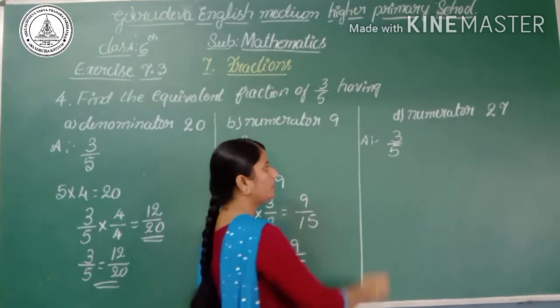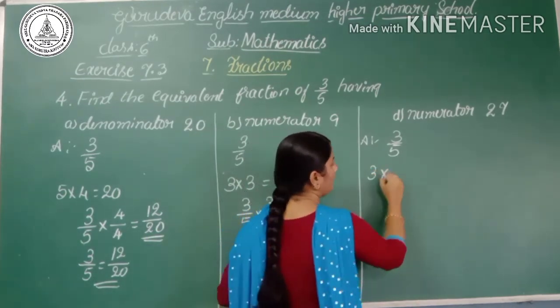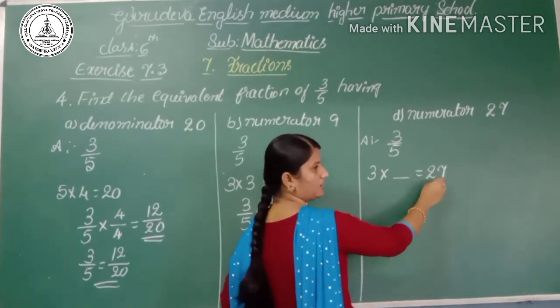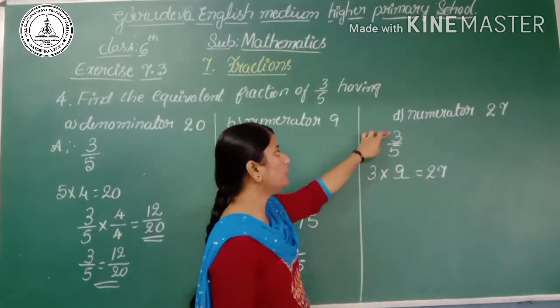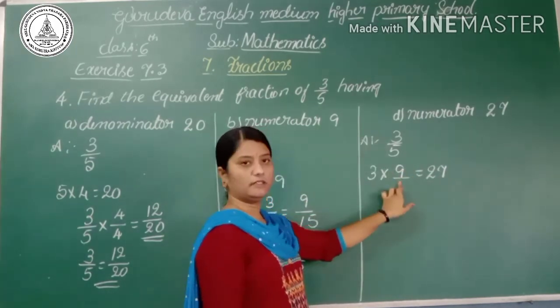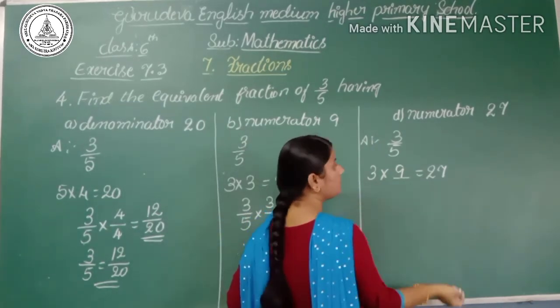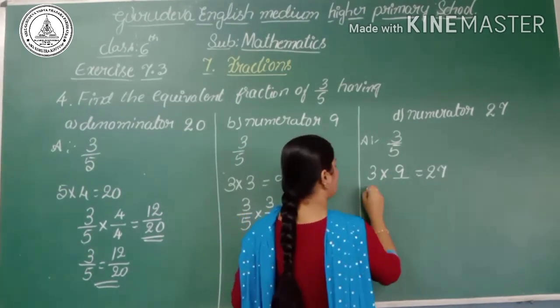So what we have to do is observe here the numerator is 3, right? So 3 how much is 27? It is 3 9s are 27. Then multiply both the numerator and the denominator by 9.